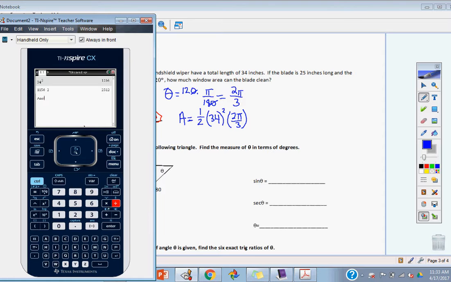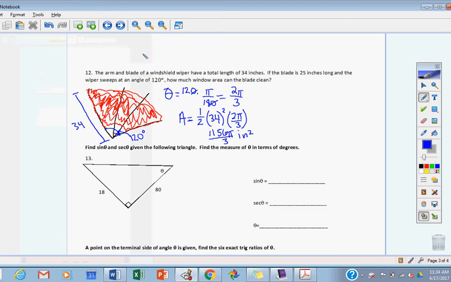Then I'm going to divide by 6, because 2 times 3 is 6 in the denominator. I don't hit control enter, I just hit enter. That's going to be in terms of pi. So the entire area of that sector would be 1156 pi over 3. These are inches, so that would be inches squared. That's the entire area of the whole sector.